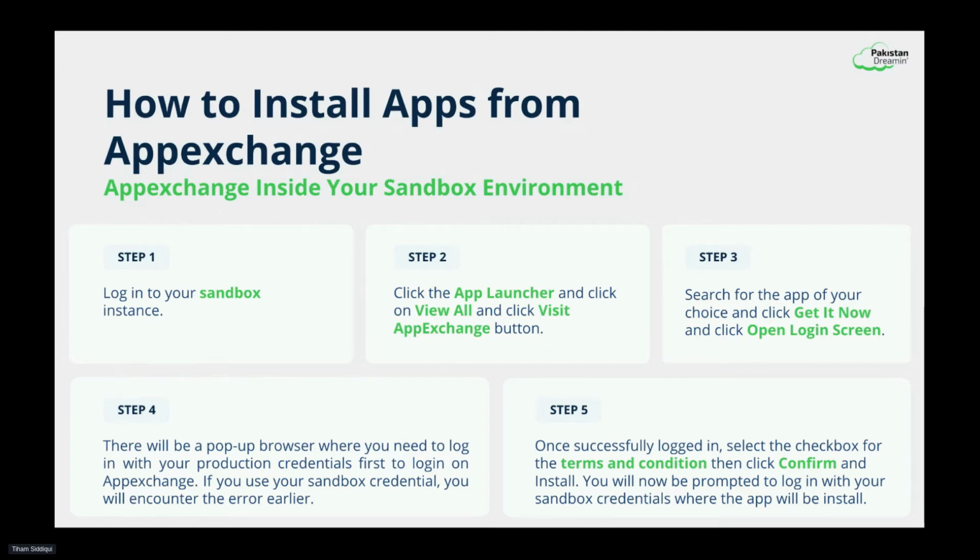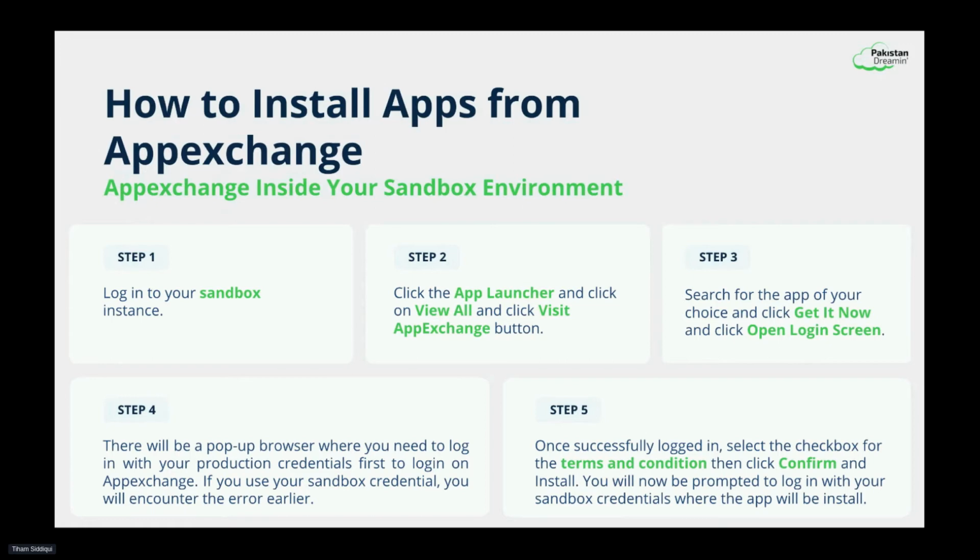Step one is to log into your sandbox environment, click on the app launcher icon, and then View All, and there will be an App Exchange button visible for you. Click on it and a pop-up will open with the apps.